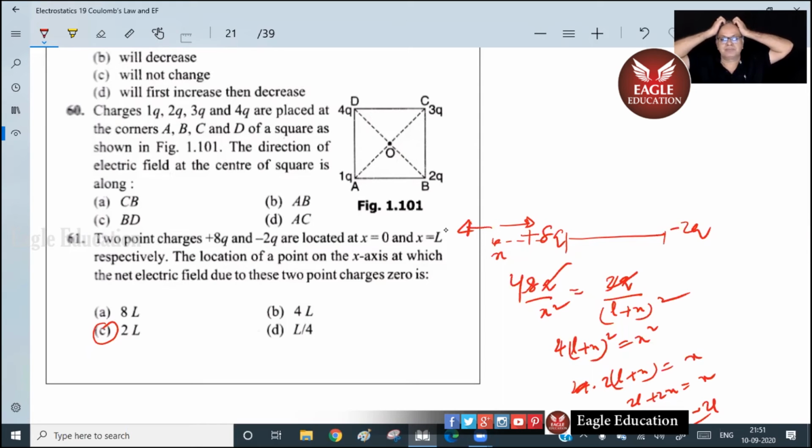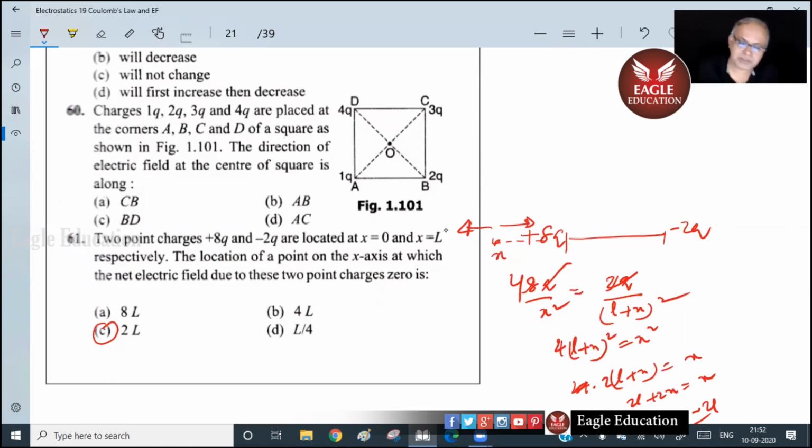Come on. Is along CB, AB, BD, AC, right.